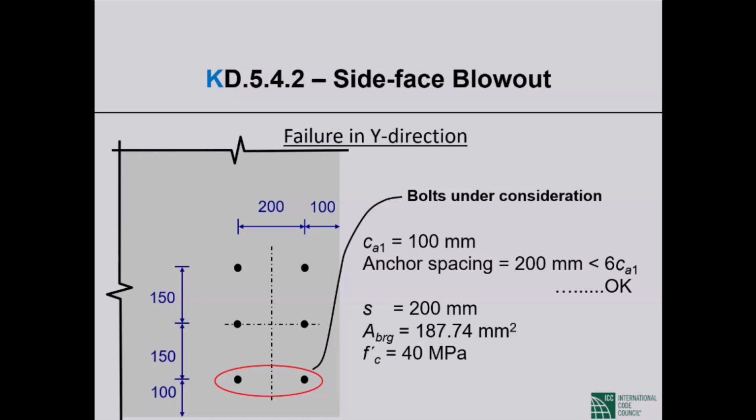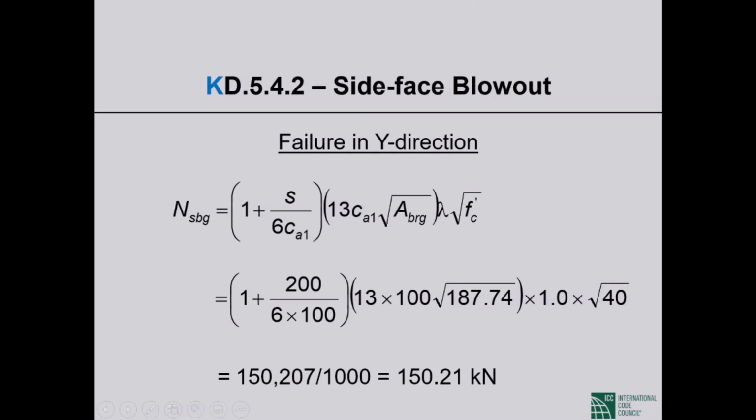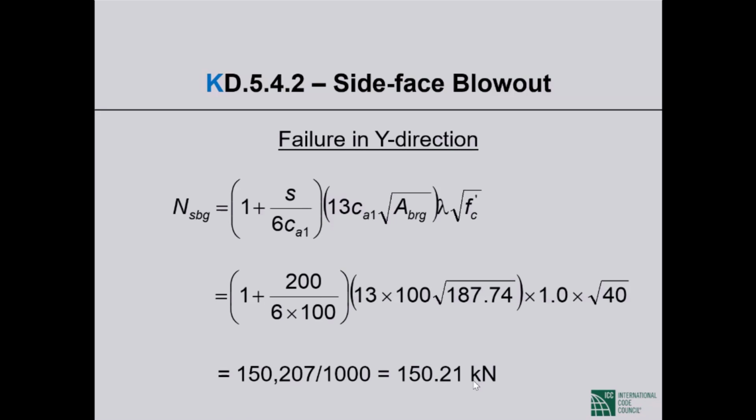The spacing of outer anchors in the group, in this case, there are only 2 anchors, so the spacing is 200 millimeters. Bearing area remains unchanged, and f'c remains unchanged. So the breakout strength of the group of 2, if you plug in the numbers that we know by now, is 150.21 kilonewtons.